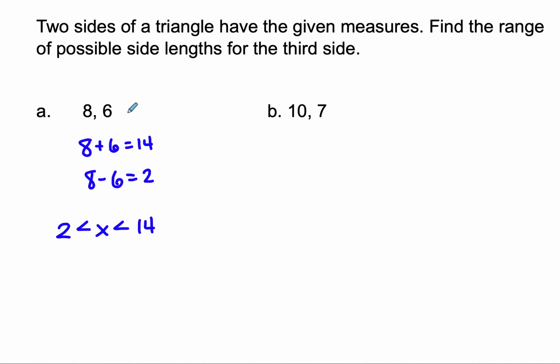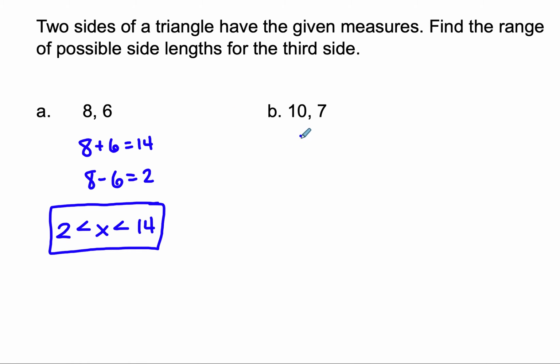So 14 would give us a straight line, but if we had 13, 8 plus 6 would be greater than 13, so that would work. So this is our answer right here. 2 is less than x, which is less than 14. So anywhere in that range could be our third side of the triangle.